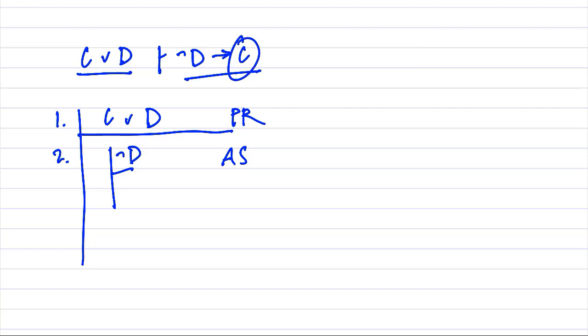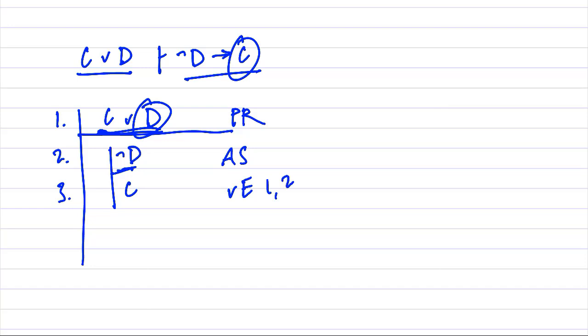And we can do that because we have on this line a disjunction, and on line 2, we have the negation of one of the disjuncts. So not D, of course, is the negation of D. So that means using disjunction elimination, we can on this line put C. So that's wedge elim, lines 1 and 2.